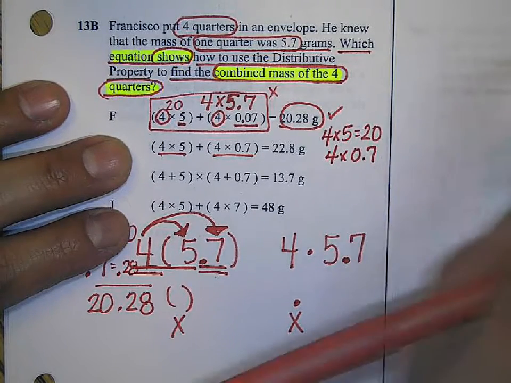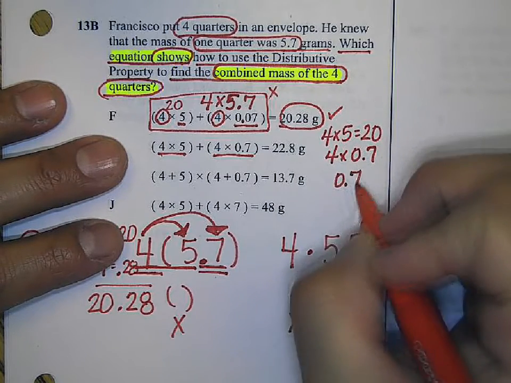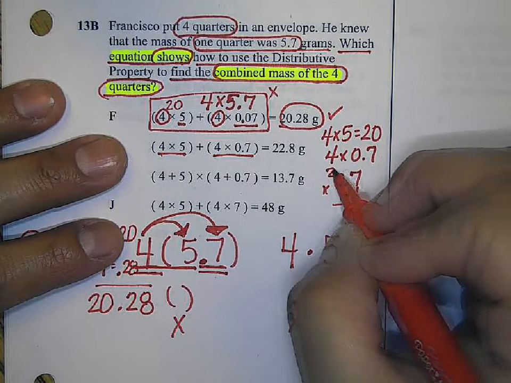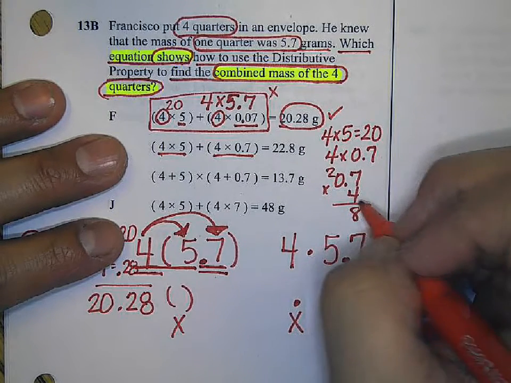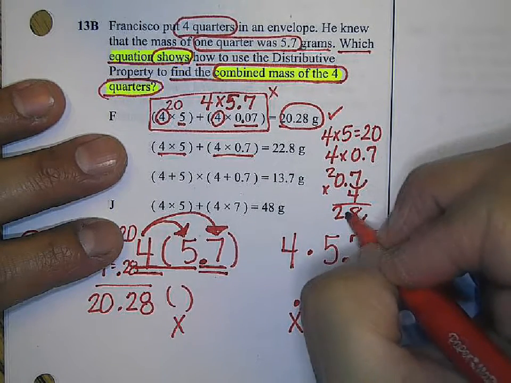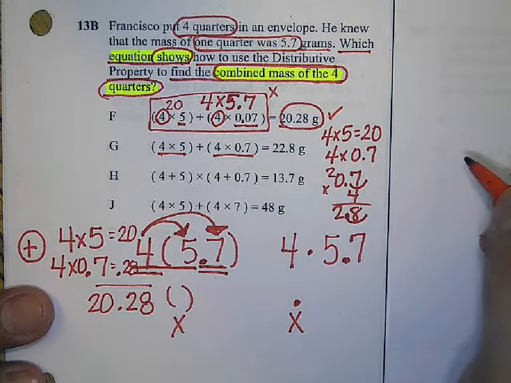Okay, so if I take 0.7 times 4, 4 times 7 is 28, 4 times 0 is 0. Then I count the decimal place and bring in my decimal one time. How many of you did not do that?